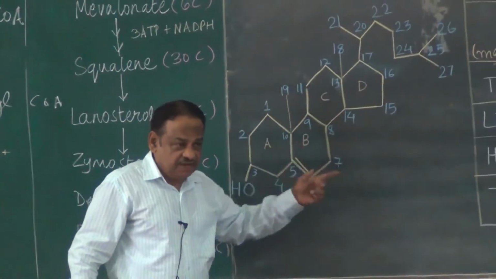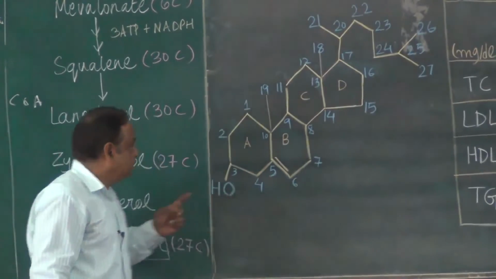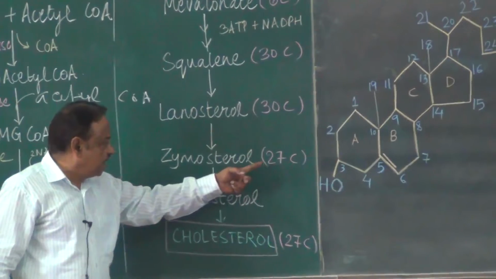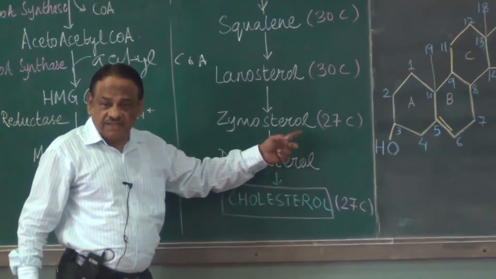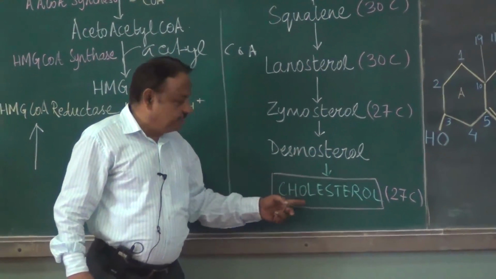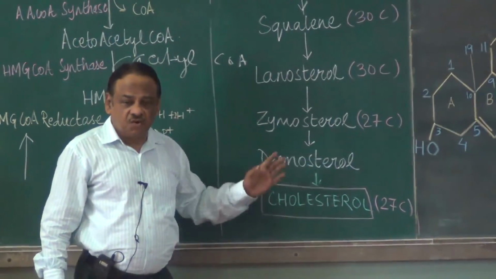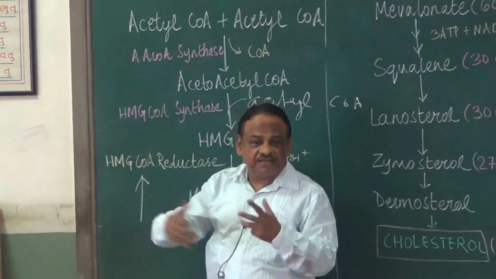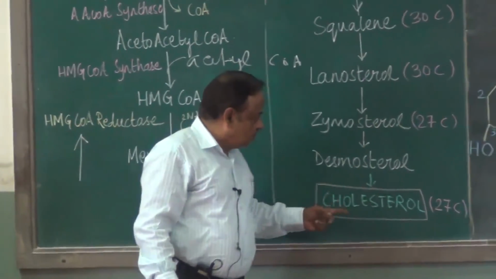Slowly it is taking up the shape of a steroid molecule. Then some carbons are removed and you get a 27 carbon zymosterol. From there you get desmosterol, and then ultimately cholesterol is synthesized, which has 27 carbons. So cholesterol is synthesized from a 2-carbon unit, acetyl-CoA, by sequential addition of molecules. Right. So cholesterol is formed in this manner.